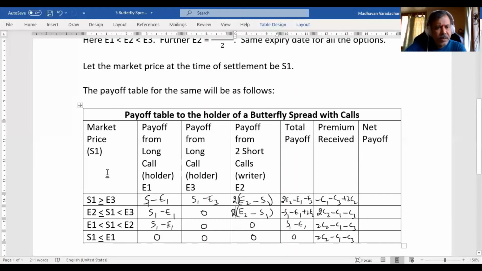If I consider this as column 1, column 2, column 3, column 4, this is our column 5, this is our column 6. So the net payoff, I am not writing all those because there is shortage of space. I will simply say 5 plus 6, meaning this column and this column. That will come here.